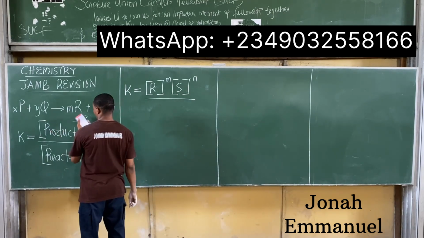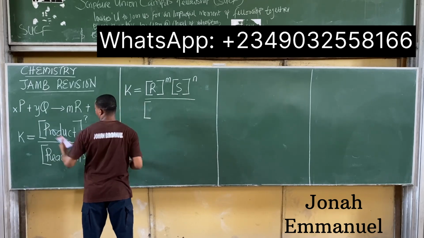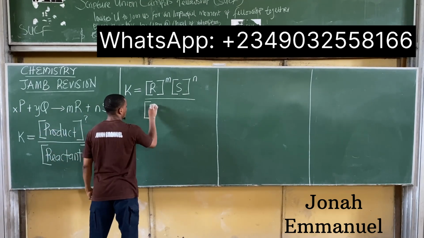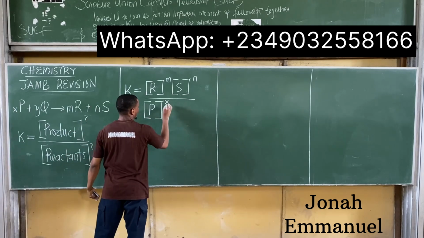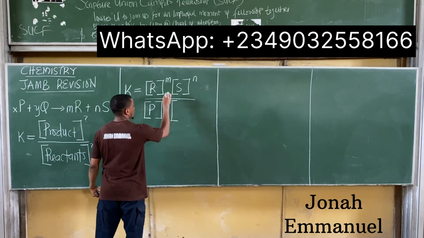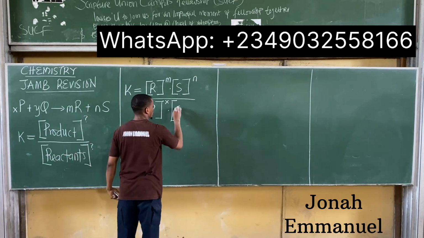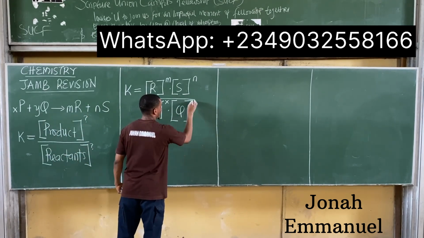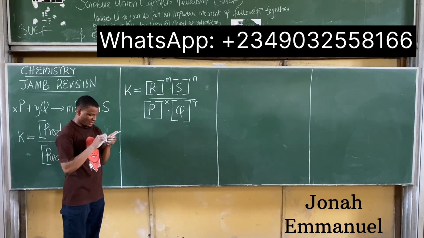Now come to your reactants: concentration of the first reactant P, with the power X, multiplied (you can put a dot here to show multiplication) by Q to the power Y. So I have this. All right, that's my answer.